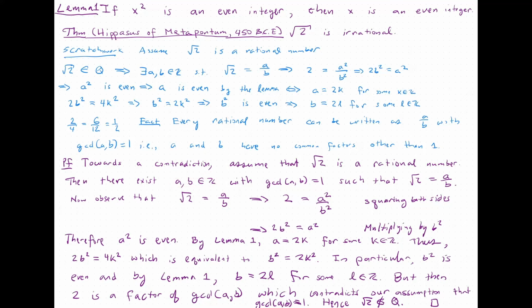Then we continue going through this logical argument, having implications along the way, until we get that 2 is a factor of the GCD of a and b, which is equivalent to saying that the GCD of a and b is not equal to 1. And so putting everything together, the square root of 2 is rational implies C and not C, which is our contradiction.